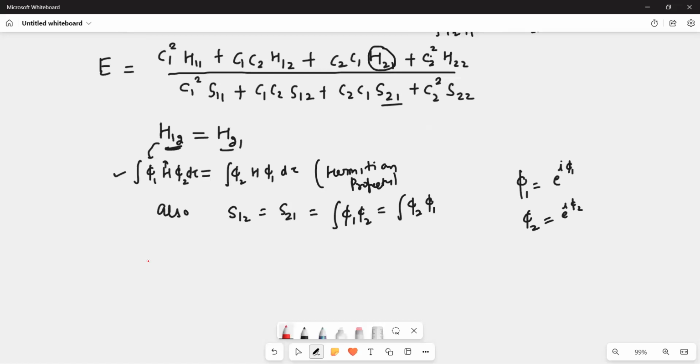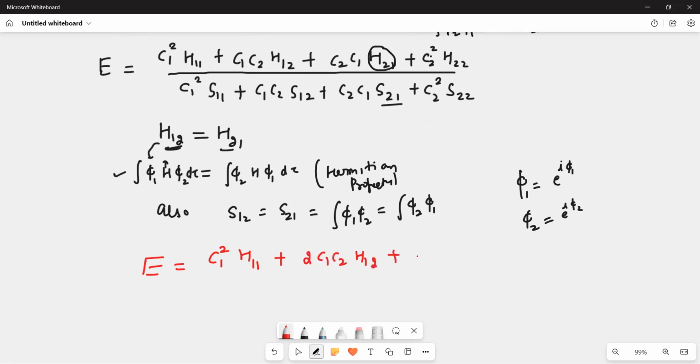So energy can be written as E equals C1 square H11 plus C1 C2 H12 plus the third term, also C2 C1 H12. So we can write twice C1 C2 H12.